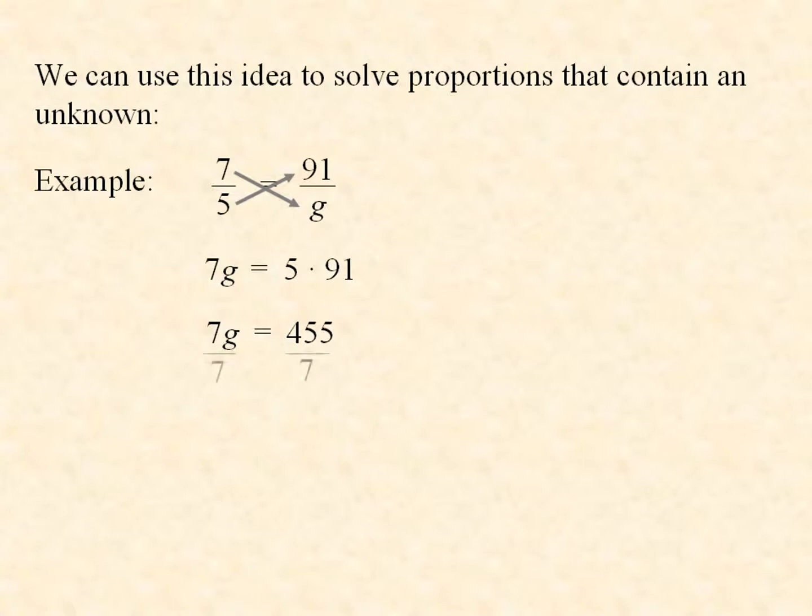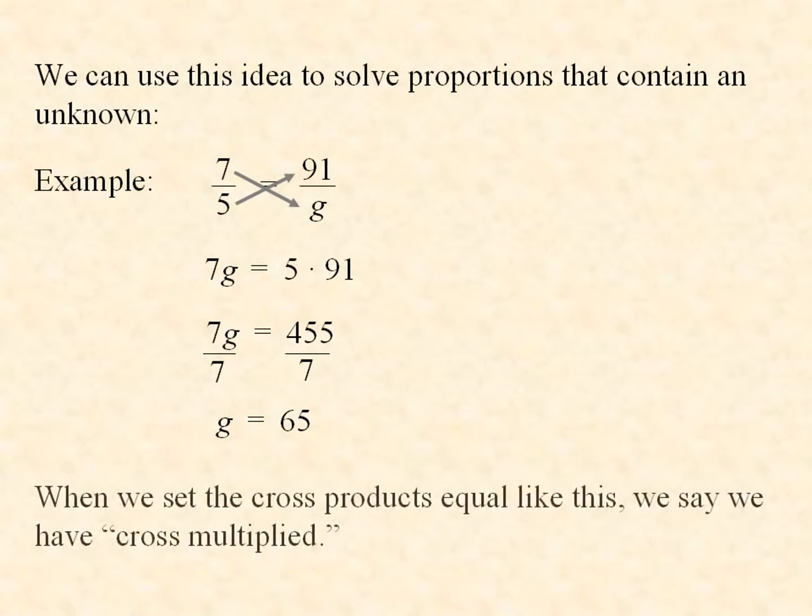Now we can solve by dividing by 7. And so g turns out to be 65. When we set the cross products equal like this, we say we have cross multiplied.